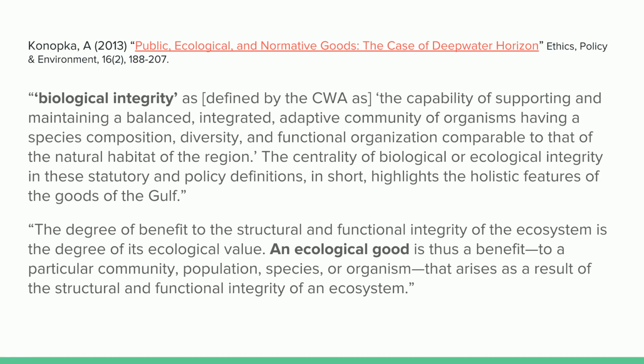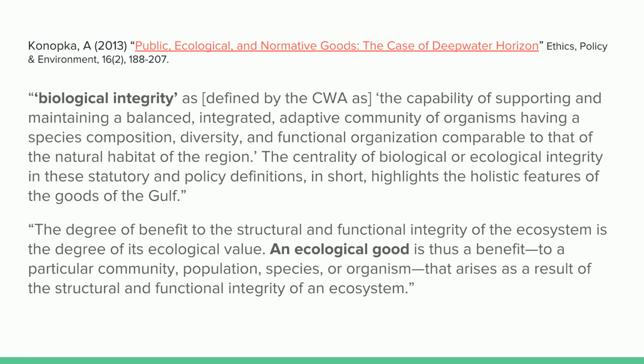One last thing I want to talk about, and this is just to relate to the ongoing conversation about integrity and ethics. I have this article from Konopka on what he calls ecological goods.